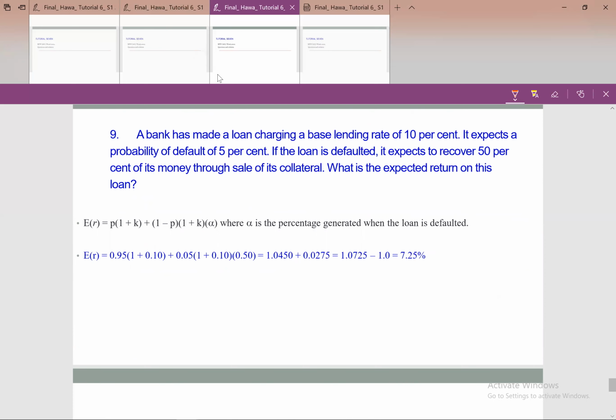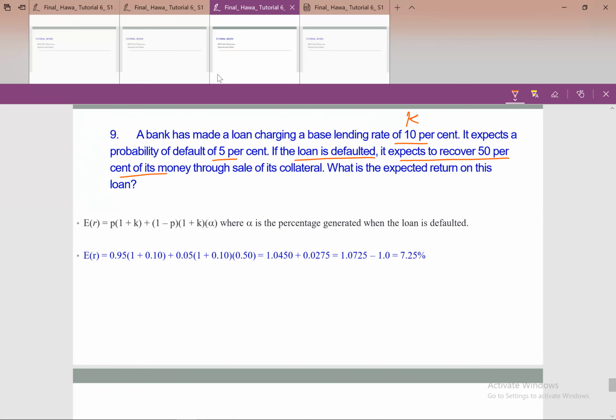So a bank has made a loan at 10%. This is the K. If it expects a probability of default of 5%, it expects a 5% default. Now, if the loan is defaulted, it expects to recover 50% of its money through sale of collateral. This is the collateral, which is the asset you bought.